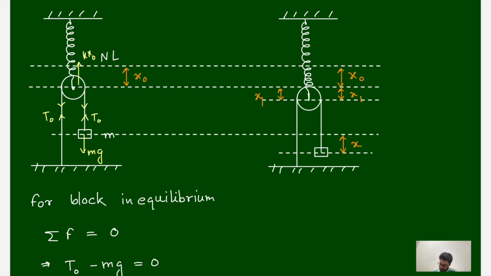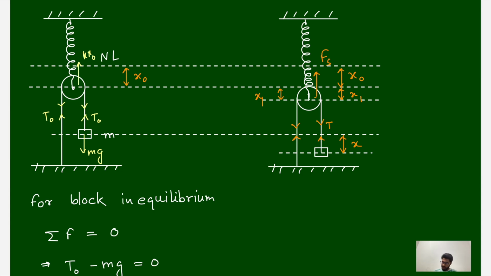Now we'll calculate. Here the tension will be different, this is tension T. In the upward direction there will be the spring force, F spring.